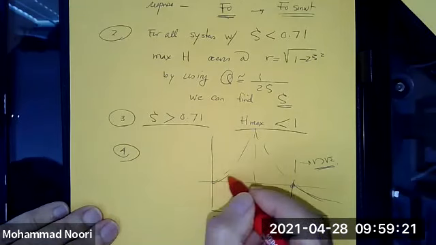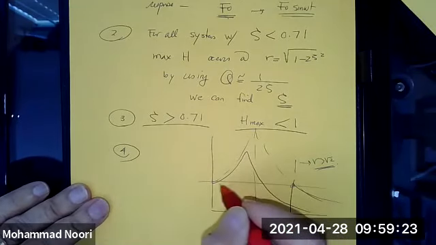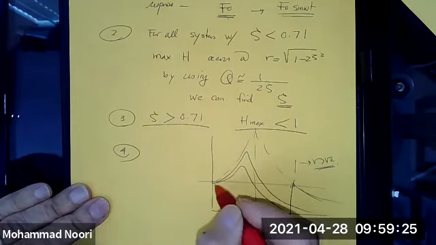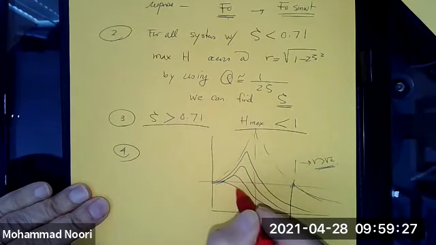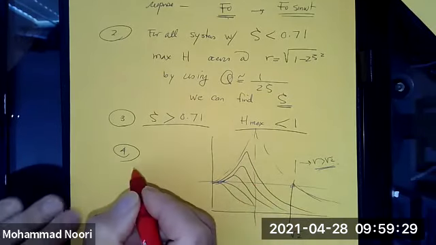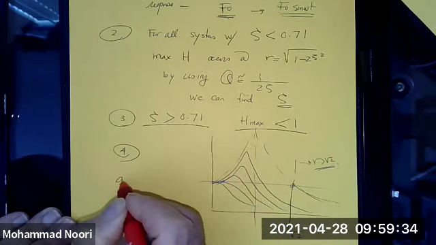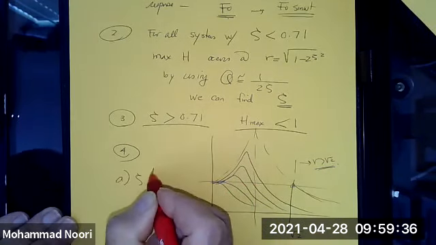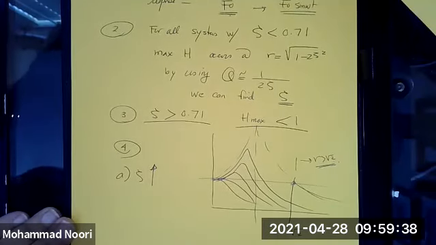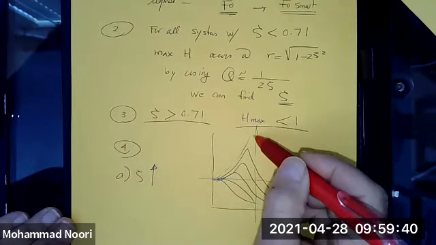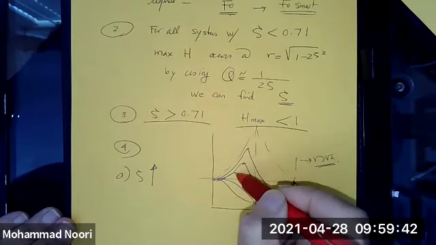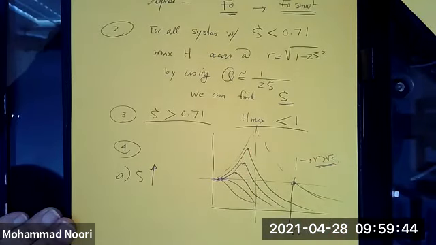In the case of damped systems, we see that there are two ways to reduce the maximum value. One possibility is by increasing the damping ratio. As you increase the damping ratio, you reduce the amplitude of the dynamic response.